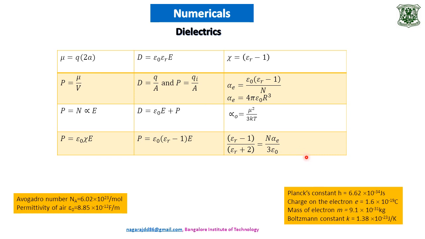And in order to solve numericals from dielectric chapters, we may need these physical constants and also these two. So anyway, all the physical constants required are mentioned in the question paper. You need not remember them. Okay, come, let us proceed one by one.